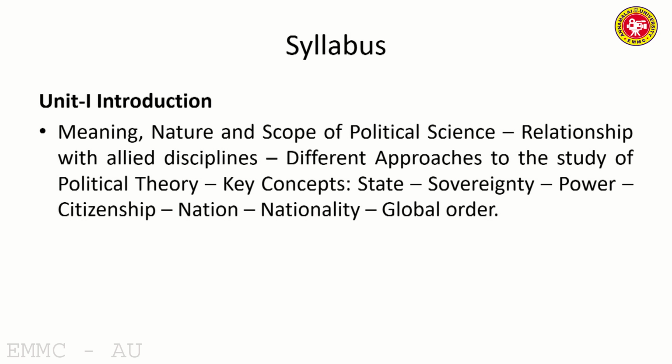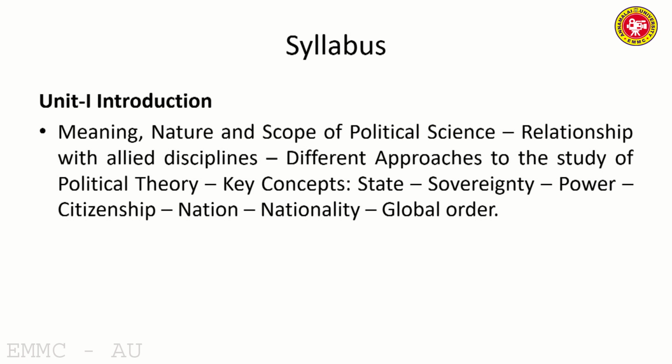Robert Dahl used to say that political science deals with the political system. Political system means government, society, people, all are the units. We all know the meaning of system. For example, a tape recorder is a system, a computer is a system. It has different units.